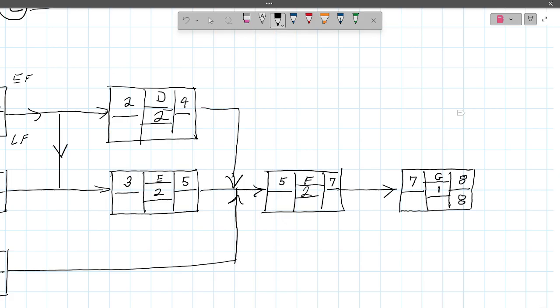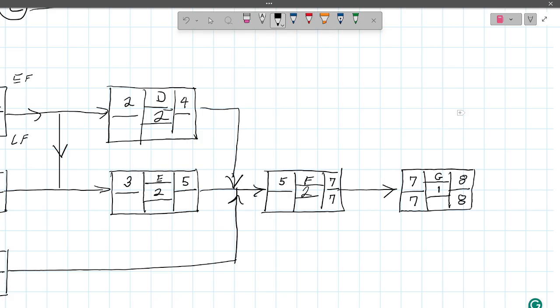Can't change anything there, can I? Okay. So now we're just going to reverse the process here. So 8 minus 1, 7. Okay. 7 comes back over to the late finish on F.